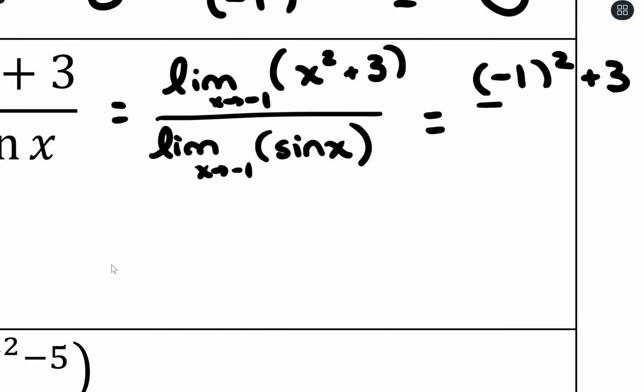So there's degree mode, radian mode, and we're going to make our fraction -1 squared plus 3 over sine of -1. And sorry, it's showing degrees, so I want to switch it so it's showing radians, and there's our -4.75.